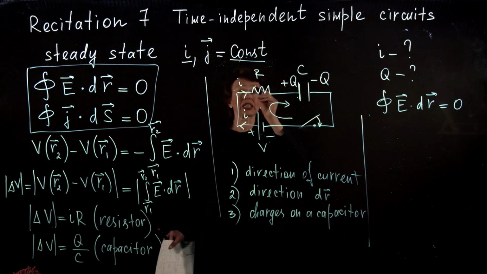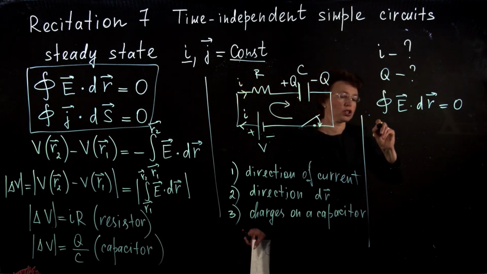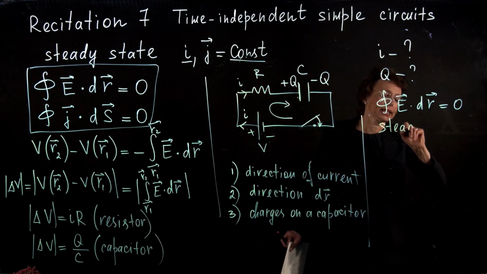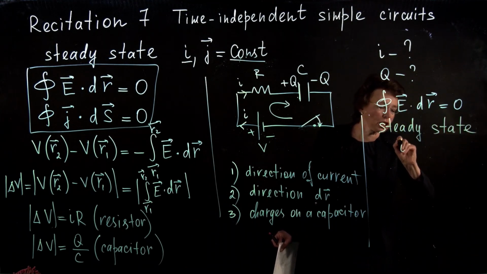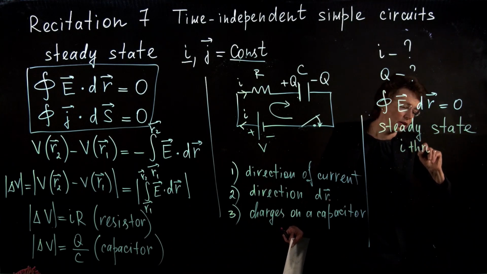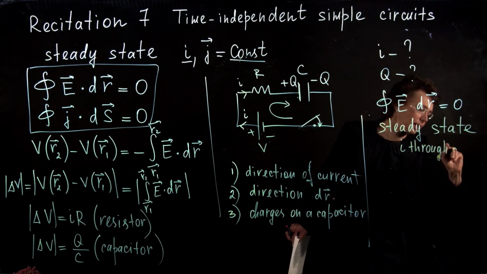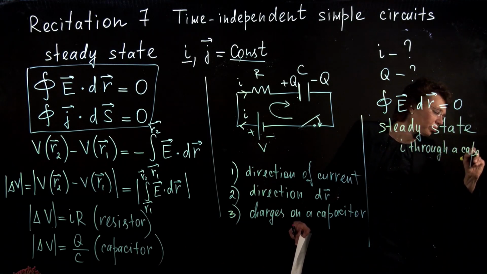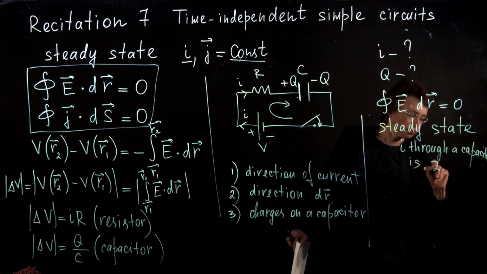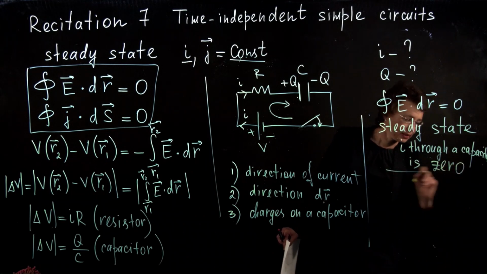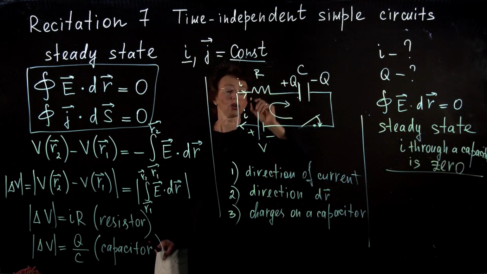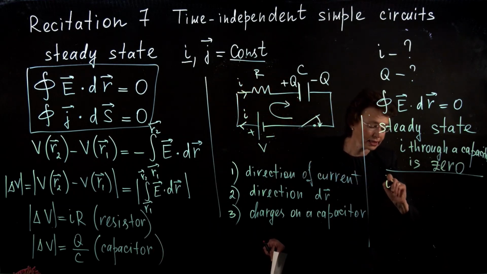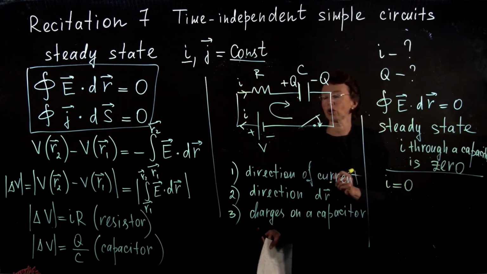Which means that in steady state situation, current through a capacitor is 0. In steady state situation, current through the capacitor is 0. So this current is 0, no current.